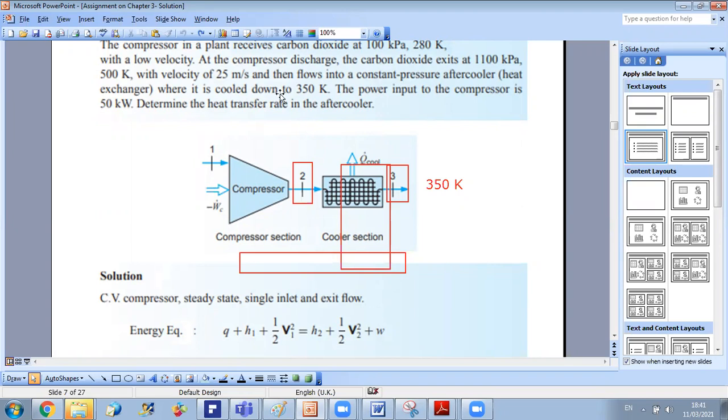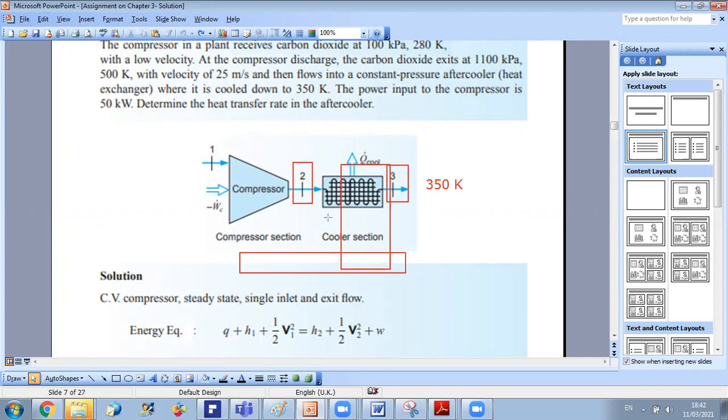So now when I apply the energy equation, W for the cooler is simplified, it's zero. This is the general energy equation per unit mass, divided by m dot: small q plus H1 plus half V1 squared (of course, you can also add plus gz1, but here there is no change in elevation) equals H2 plus half V2 squared plus small w.